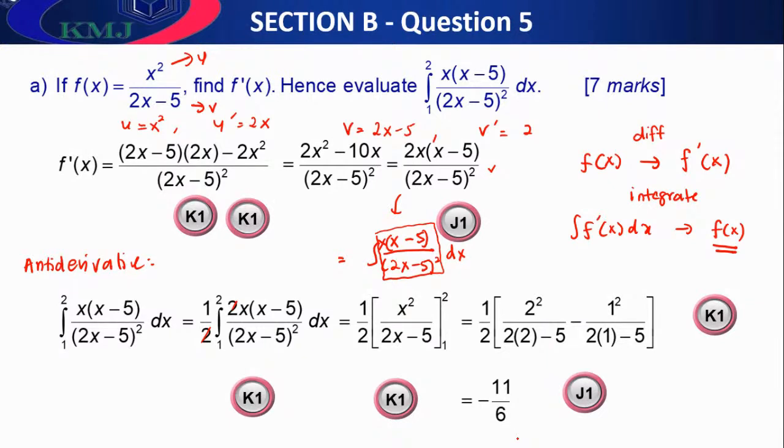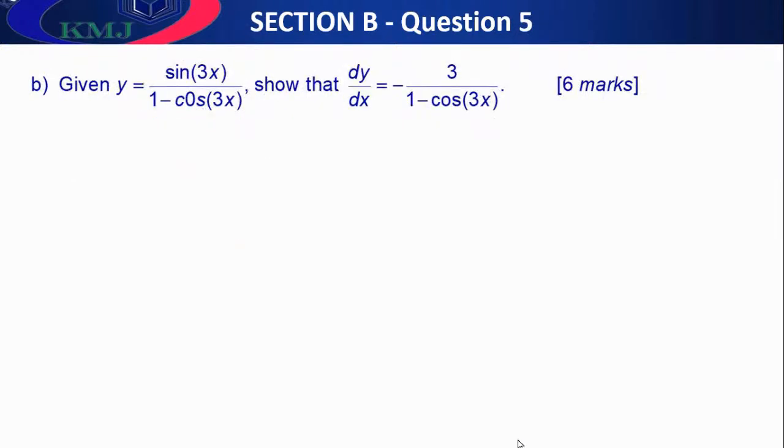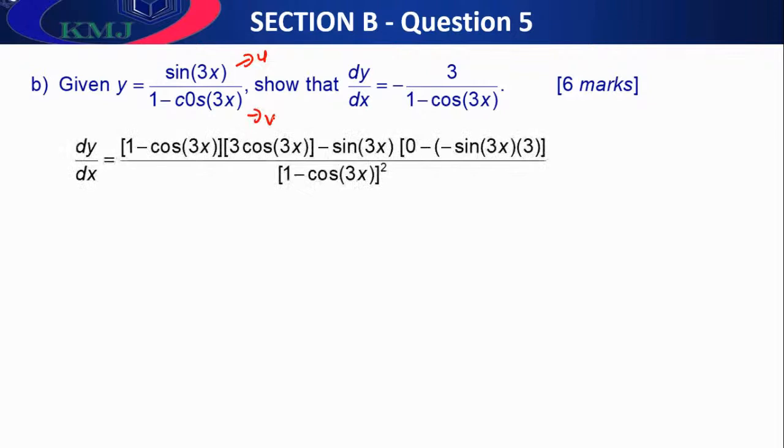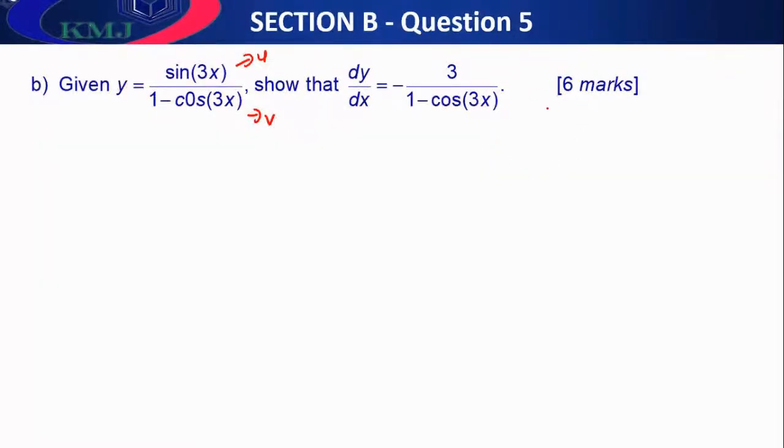Okay, for 5b, given y equals sine 3x over 1 minus cos 3x. Again, we need to use the quotient rule. So this will be your u and this will be your v. So u is sine 3x.